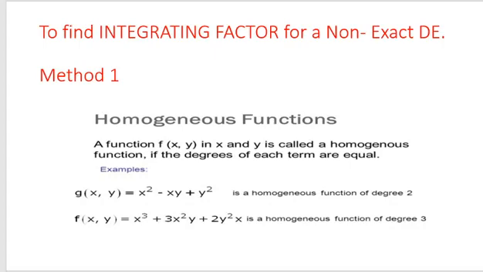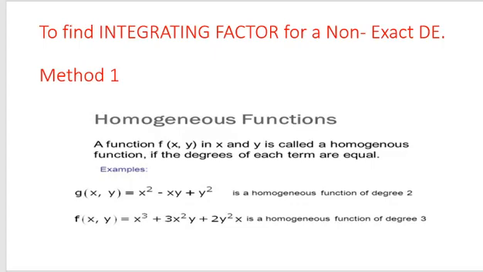One is g(x,y) = x² − xy + y². Here the first term x² is of degree 2. The second term xy: x is of degree 1, a linear term, and y is also of degree 1, because it's a product xy, 1 plus 1, that is also 2.